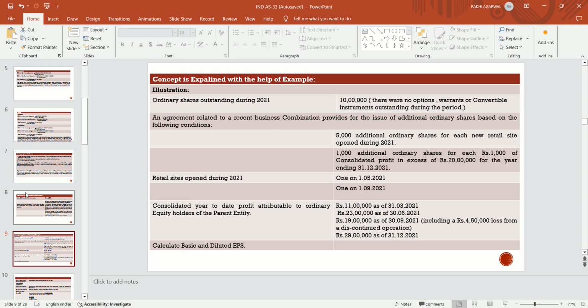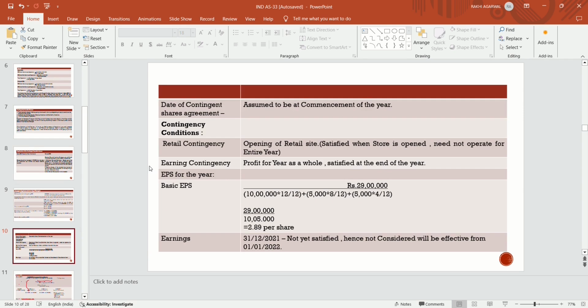So taking into consideration the financial year from 1st January to 31st December, we will calculate on an annual basis. The date of the contingent shares agreement is assumed to be at the commencement of the year. So we will take the agreement on the commencement of the year, that is on 1st January 2021.